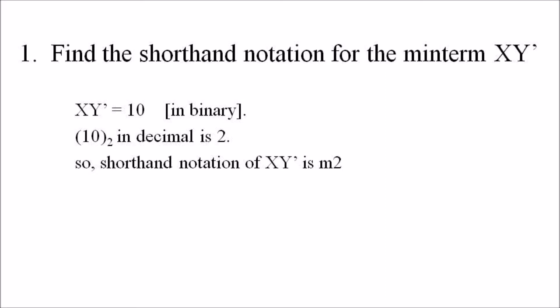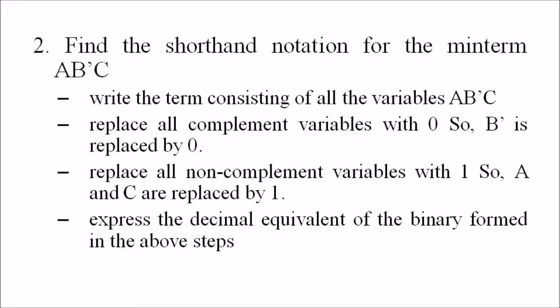In our second example, find the shorthand notation of the minterm a b dash c. First of all, write the term consisting of all variables, a dot b dash dot c. Secondly, replace all complement variables with 0, so b complement will be replaced with 0. Thirdly, replace all non-complement variables with 1, so a and c will be replaced by 1. Finally, express the decimal equivalent of the binary formed.